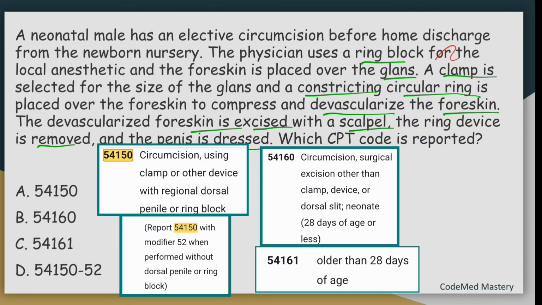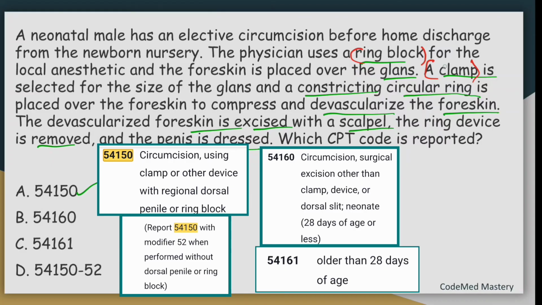In the scenario you can see they have mentioned use of clamp and it is for with regional dorsal penile or ring block. In the scenario you can see there is use of ring block. Okay, so it is exactly matching with the code 54150. We'll eliminate option B 54160 because that is for circumcision other than clamp.